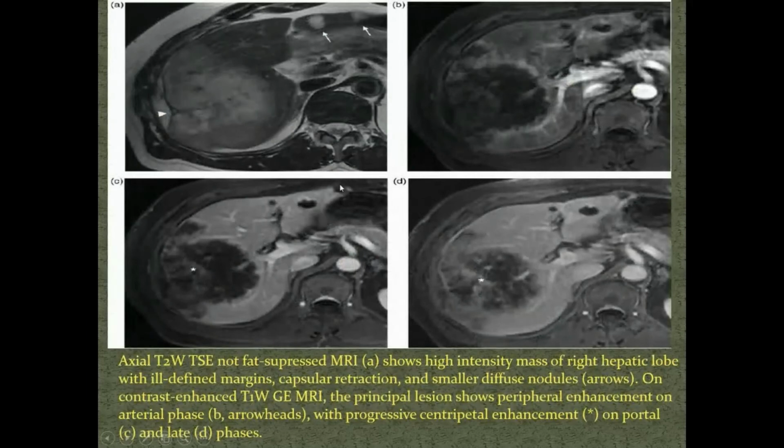So this is an MR image. On T2 MR, there is a heterogeneous signal intensity hyperintense mass. The most important thing to look for is the capsular retraction, which is highly suggestive of cholangiocarcinoma rather than other hepatic tumors. On contrast images, you can see initially there is a peripheral enhancement, and gradually it is filling up centrally. And on delayed images, it will show quite significant enhancement as compared to the rest of the liver.